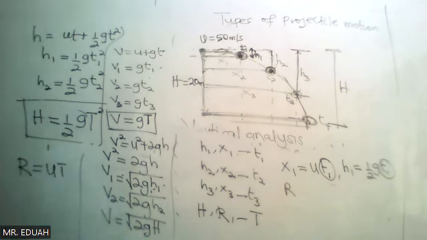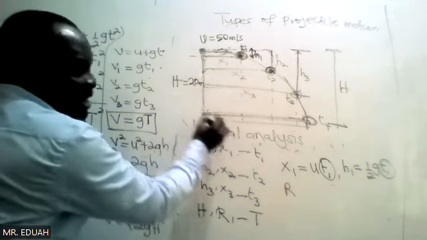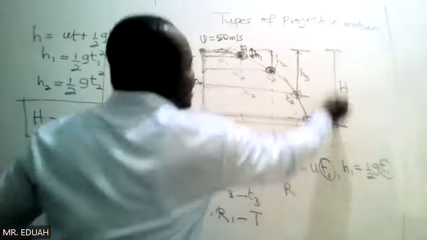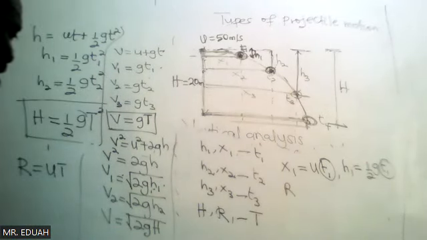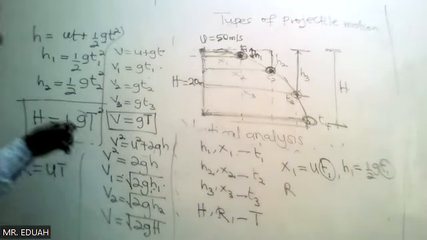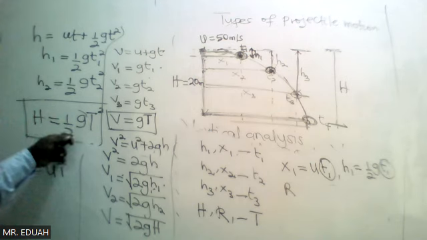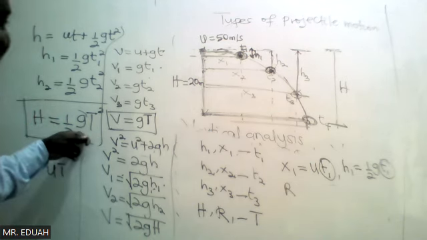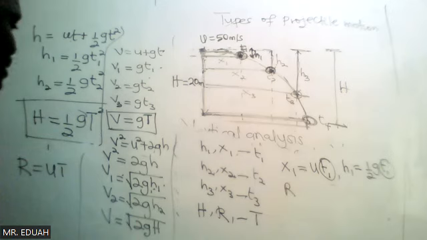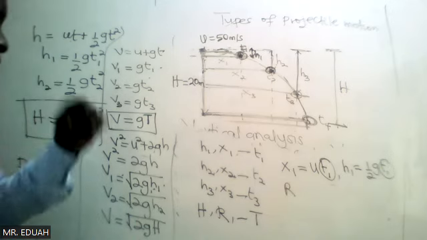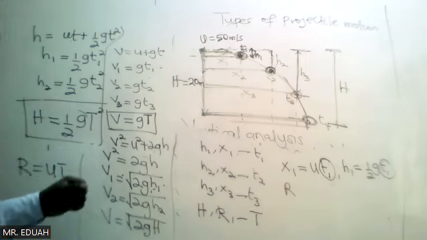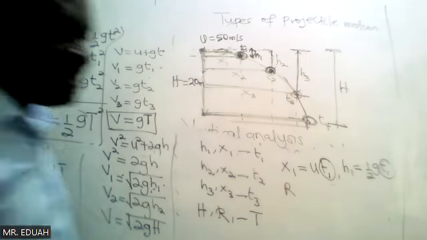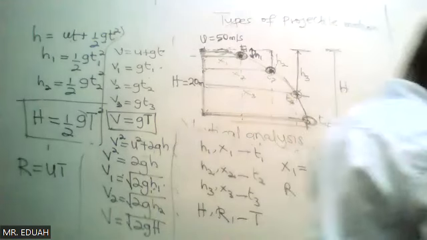Once I've given you the maximum vertical displacement, big H, you can use this to find the time of flight because you have this. g is constant, use 10 meters per second squared. Use that to find the time of flight. And when you have found the time of flight, you can find the range.